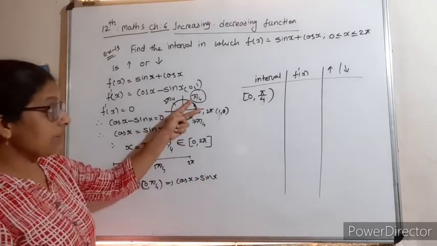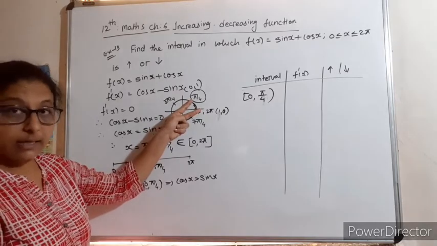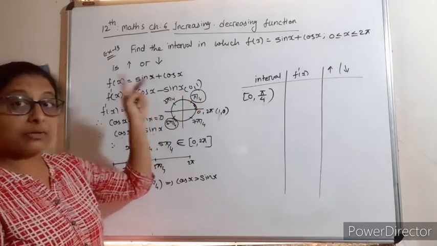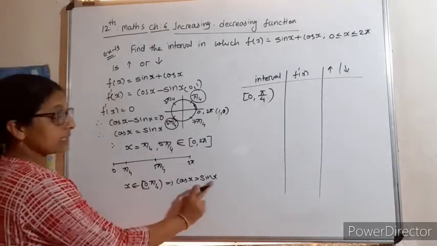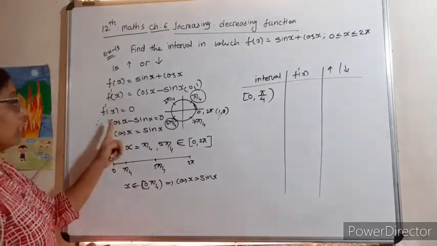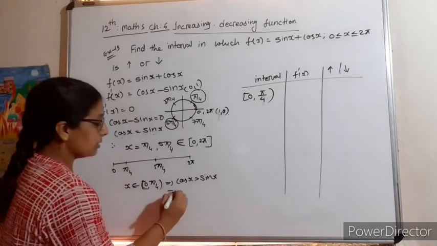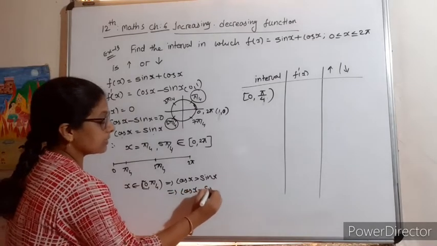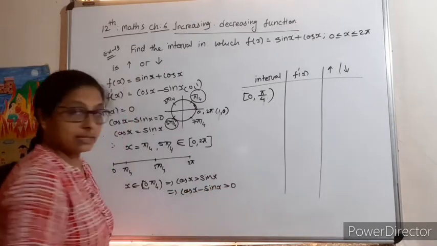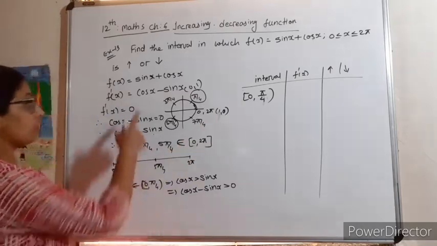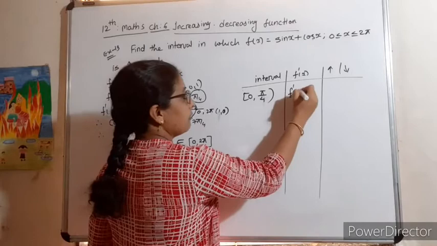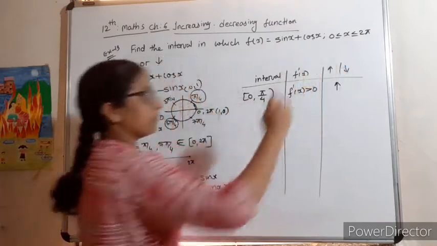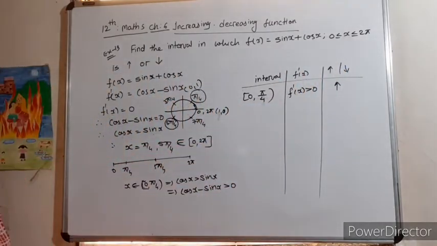In 0 to pi by 4, cos x is greater than sin x, and in pi by 4 to pi by 2, sin x is greater than cos x. Therefore cos x minus sin x is greater than 0, that means f dash x is greater than 0. So the function is increasing.